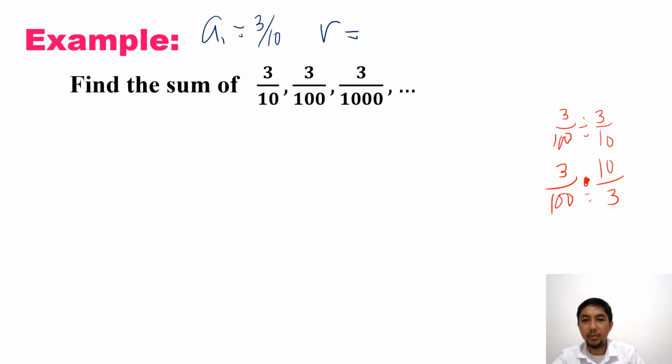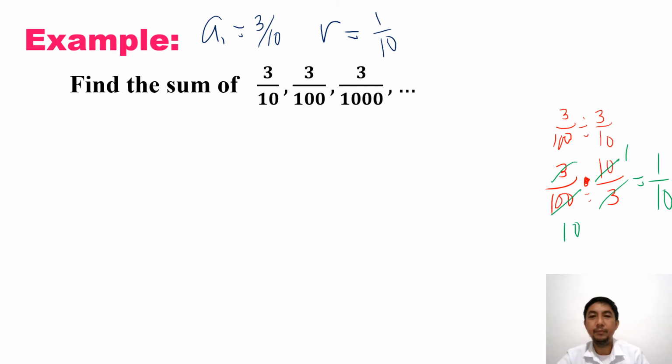That's why multiplication yan. Cancel na ito. And then, ang 10 at 100 are both divisible by 10. So 10 divided by 10 is 1. 100 divided by 10 is 10. So you're given 1 over 10. So the common ratio is 1 over 10.